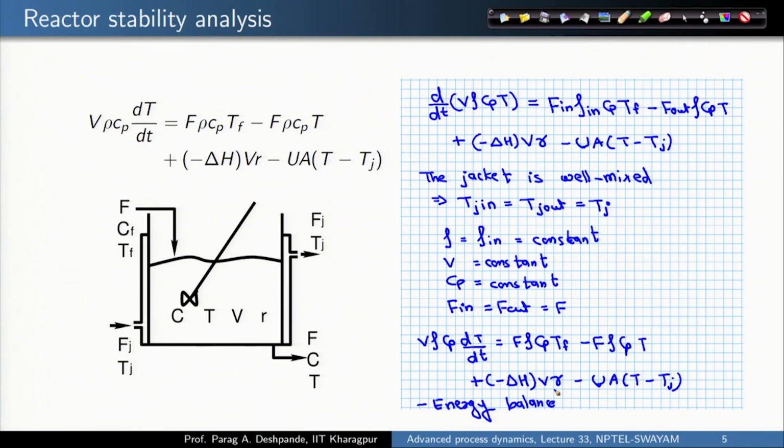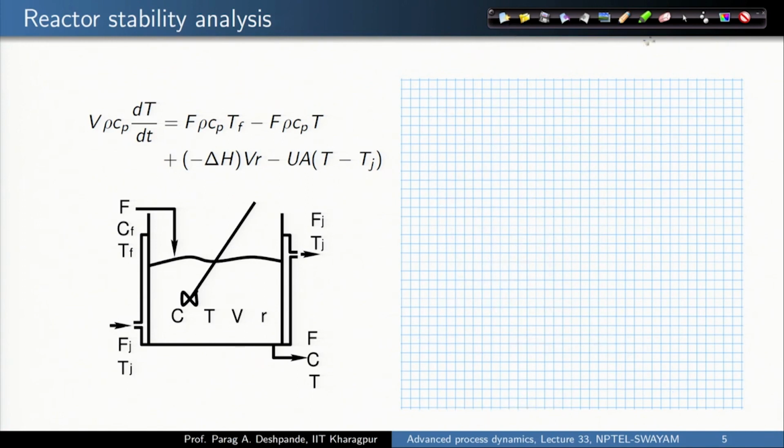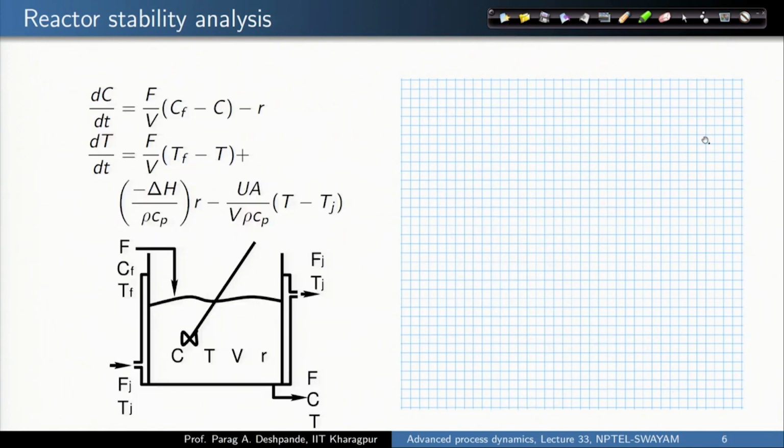So, by the overall mass balance, component balance and the energy balance, you can see that these are the two equations which you have in front of you, and these are your dynamical equations.